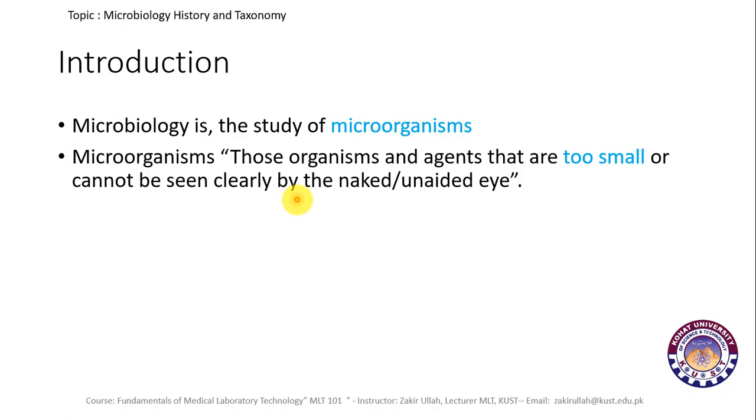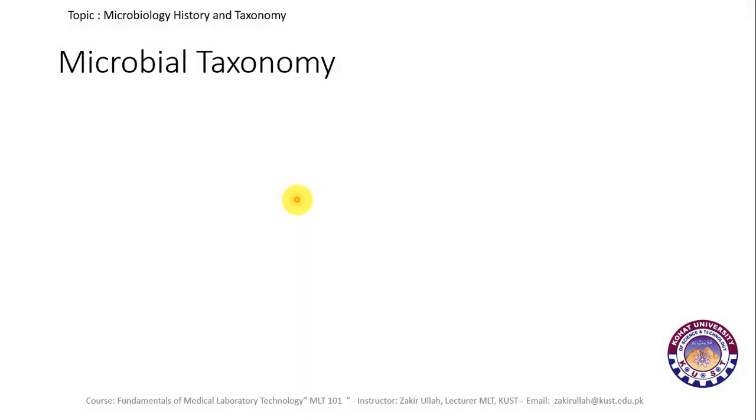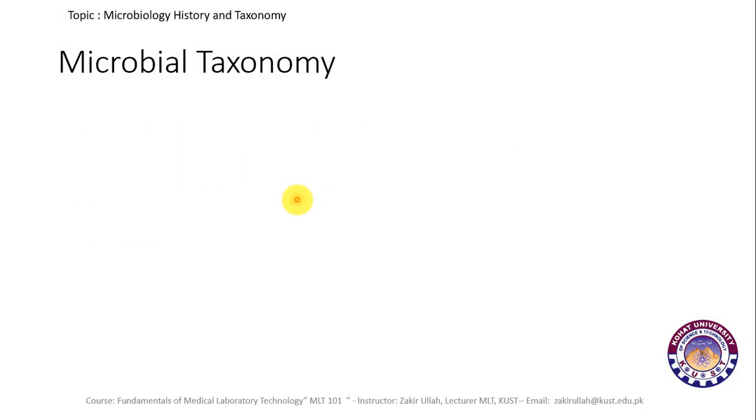Therefore these organisms are called microorganisms, and micro is defined as any organism with a diameter usually less than 1 millimeter, which cannot be seen without any instrument or help. So this was the introduction to microbiology.